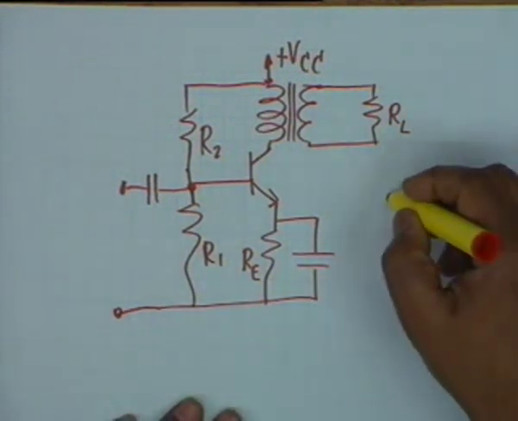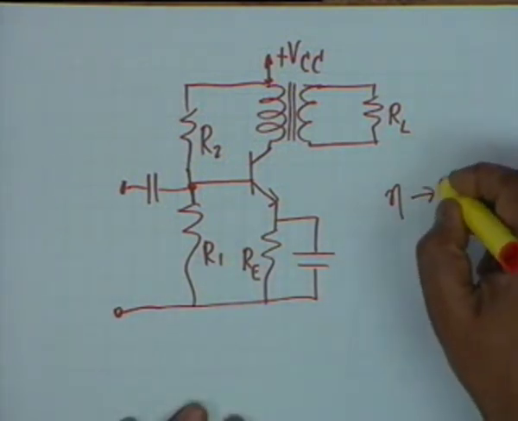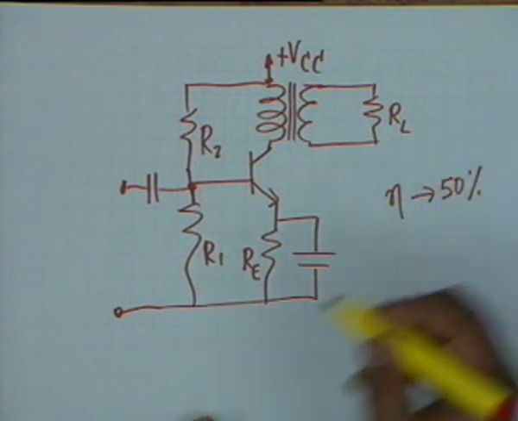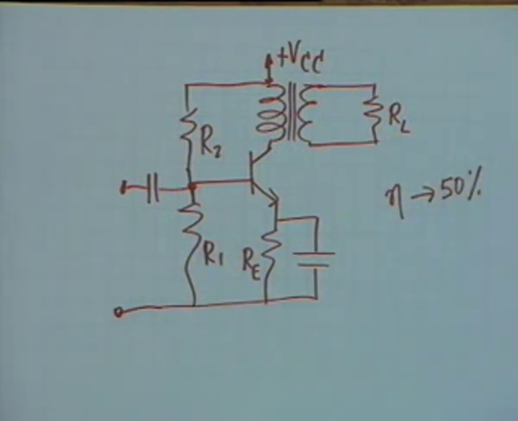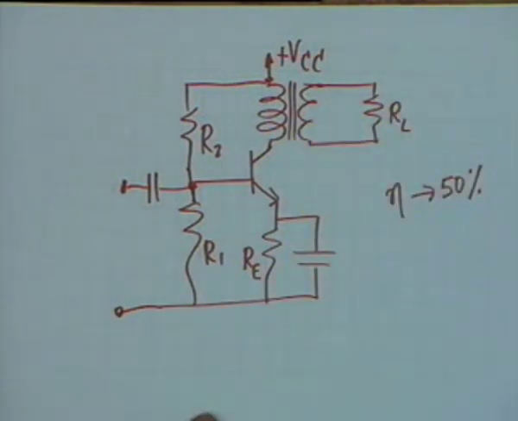The first was that the efficiency eta could be raised to 50%, ideally. That happens because there is no DC loss of power in the collector resistance. Number 2, the load is isolated from DC, no DC flows through the load.